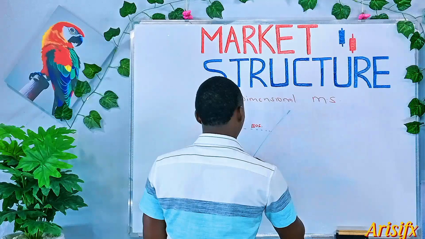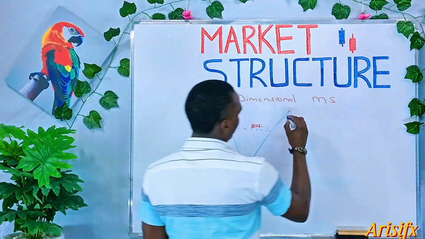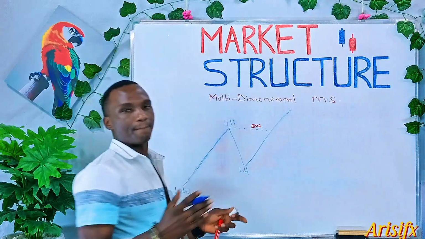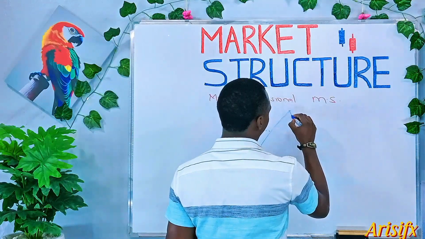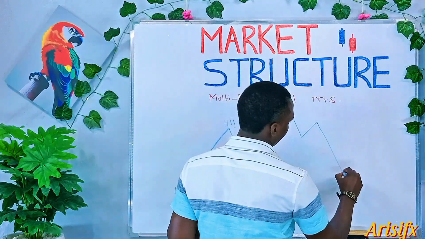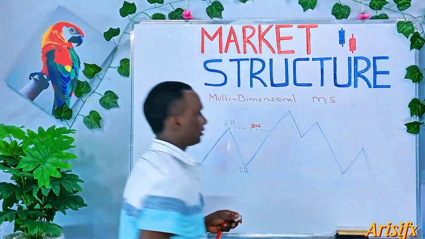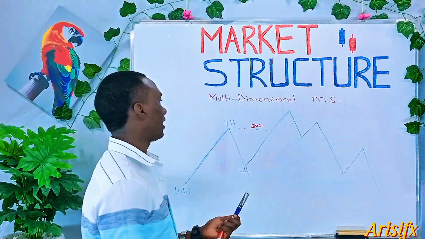Okay, good. So after the formation of a break of structure, the market tends to come back, corrects this inefficiency. Okay, comes like that, like that, like that. Let's say that our market price action is like that.